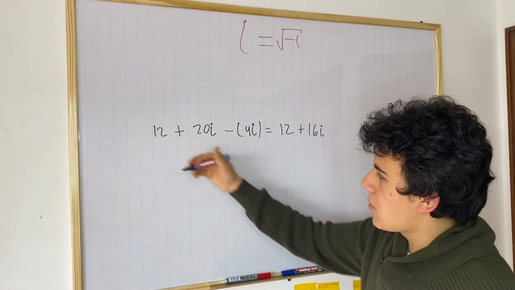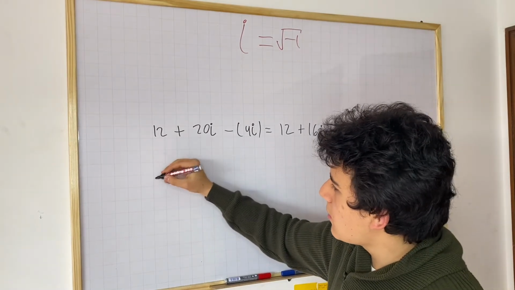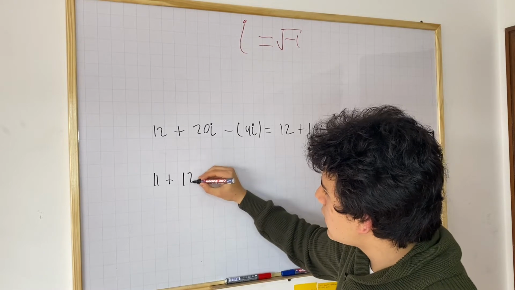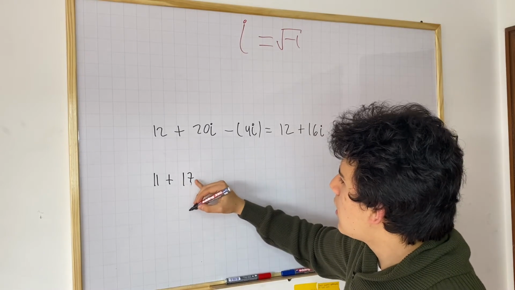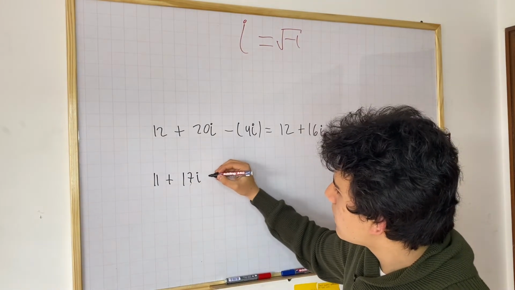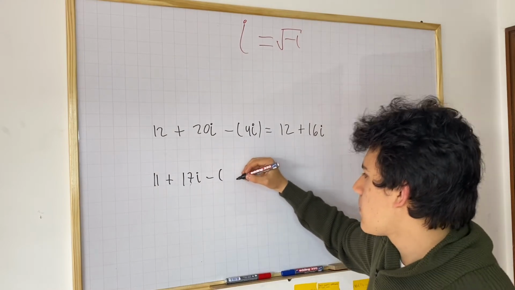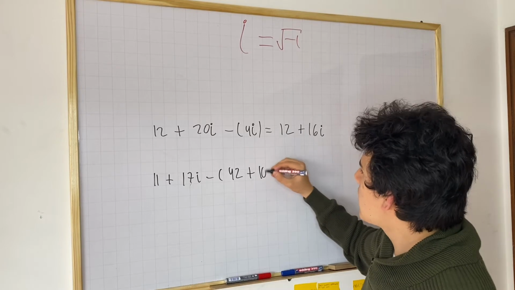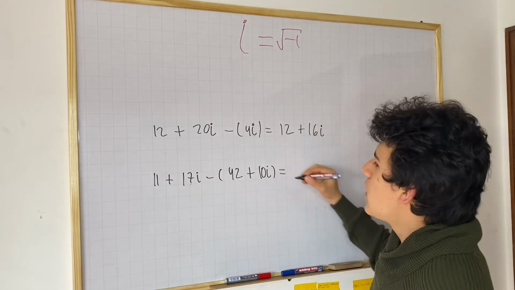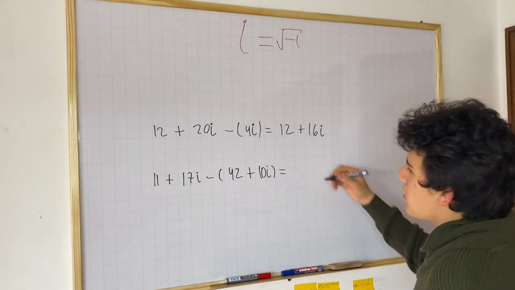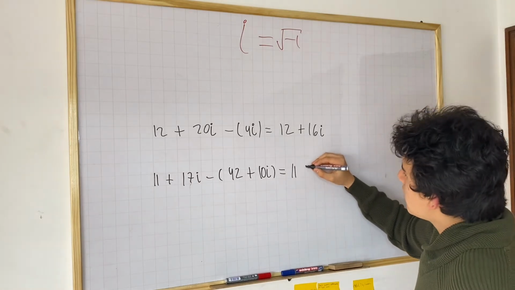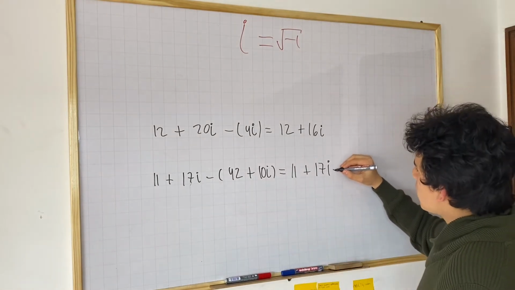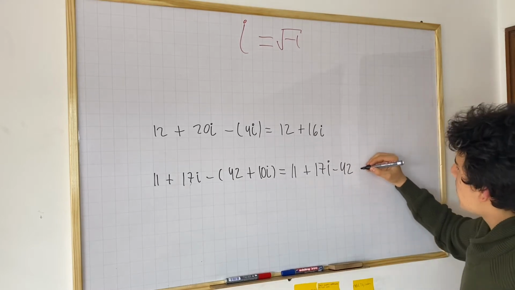Now let's do another one. Let's say maybe a bit longer. So let's say we have 11 plus 7, that's supposed to be a 7, plus 17i minus 42 plus 10i. Now once again we need to multiply the sign. We get 11 plus 17i minus 42 minus 10i.